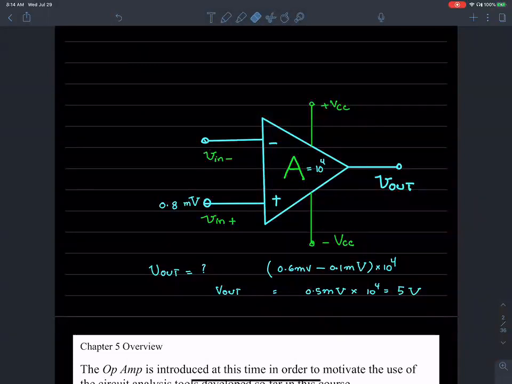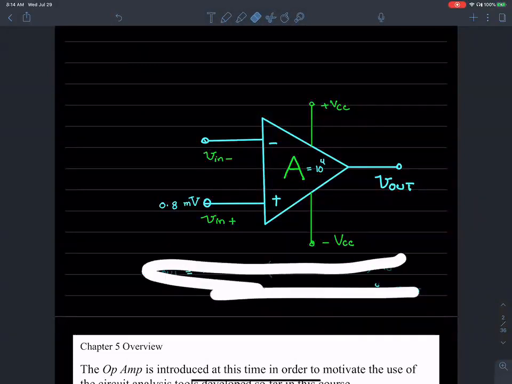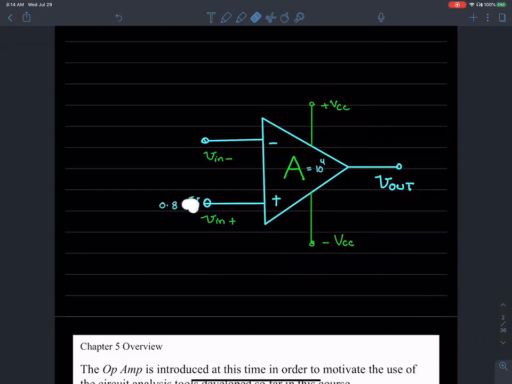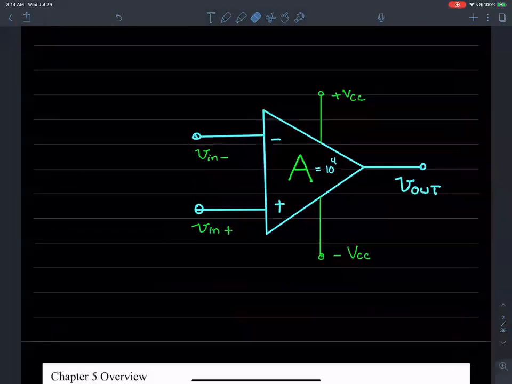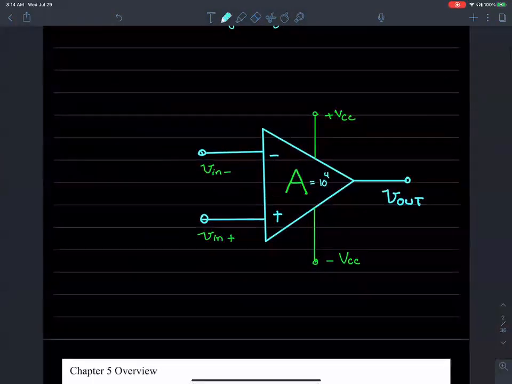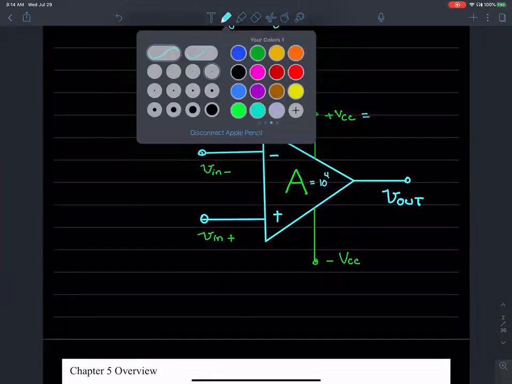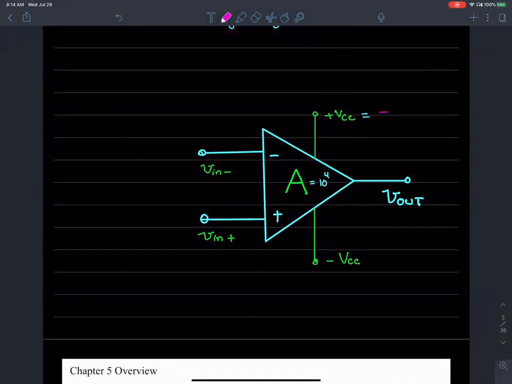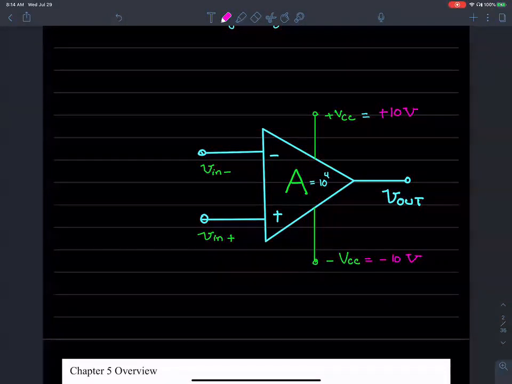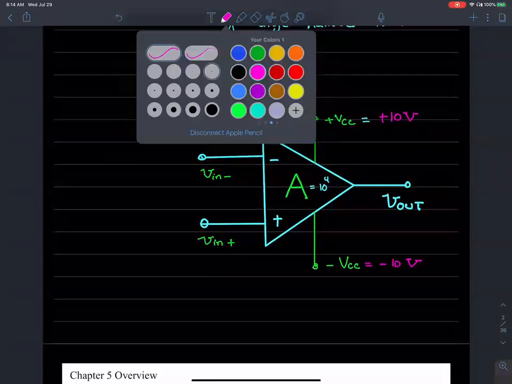Okay, now I'm going to give you some numbers that can make you think. So let's say the power supply is really, I don't know, plus 10 volts to the positive, negative 10 volts on the lower side. Okay, and with these values, let's try to put some numbers on here.